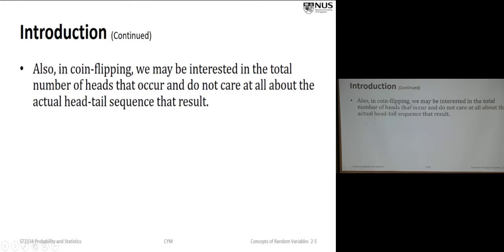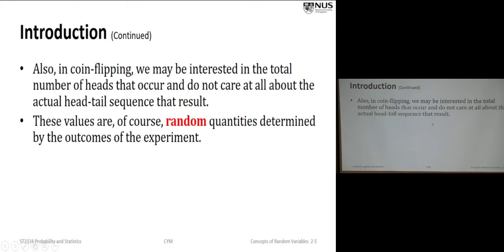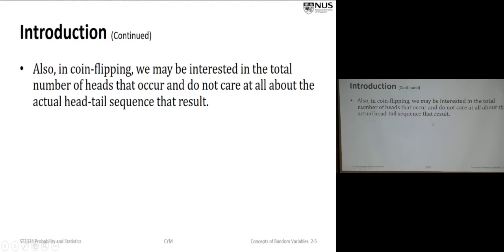Okay, so flipping a coin, we may be interested in the number of heads, but don't care about the head-tail sequence that we have. That means if I toss it 3 times, it can be like this, like this, like this. These are just some of the outcomes.